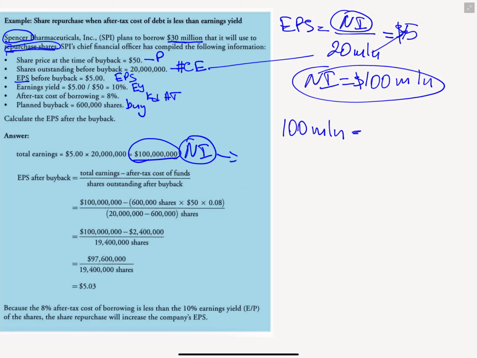cost of fund, because to pay dividends we will be using debt, and the debt has 8%. How many shares are we planning to buy back? 600,000 shares. And the market price at which we will be buying from our shareholders is $50 per share.